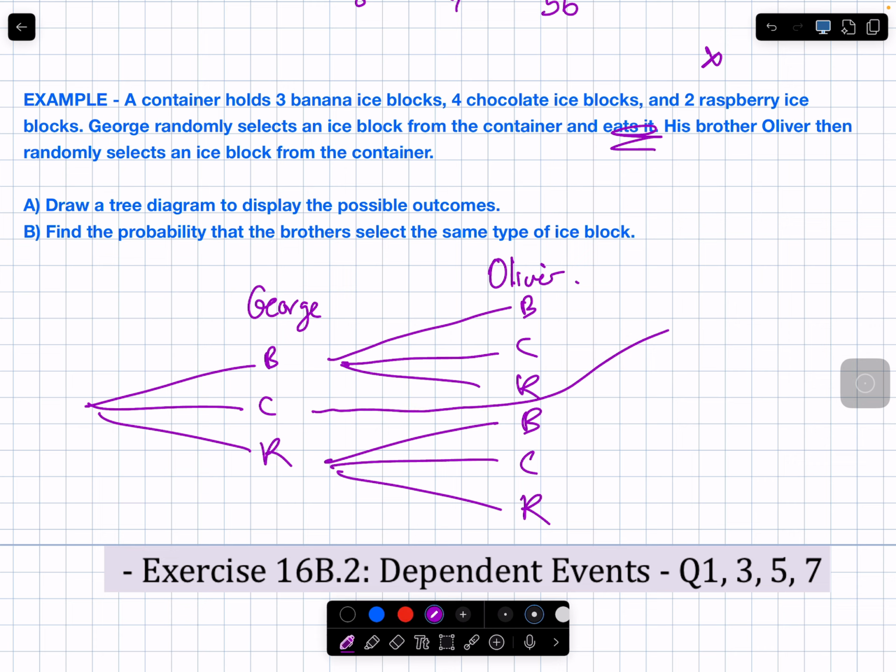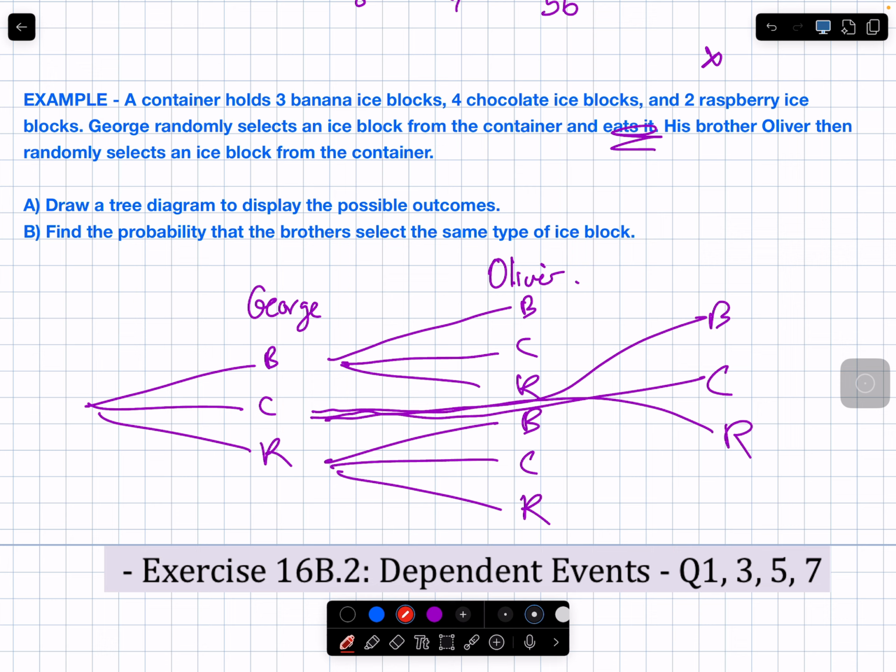Let's go out there. Banana, chocolate, raspberry. What is the chance of George selecting the banana? What's the sample space at the start? 3 over 9? 4, 5, 6, 7, 8, 9? 3 over 9, 1 over 3.